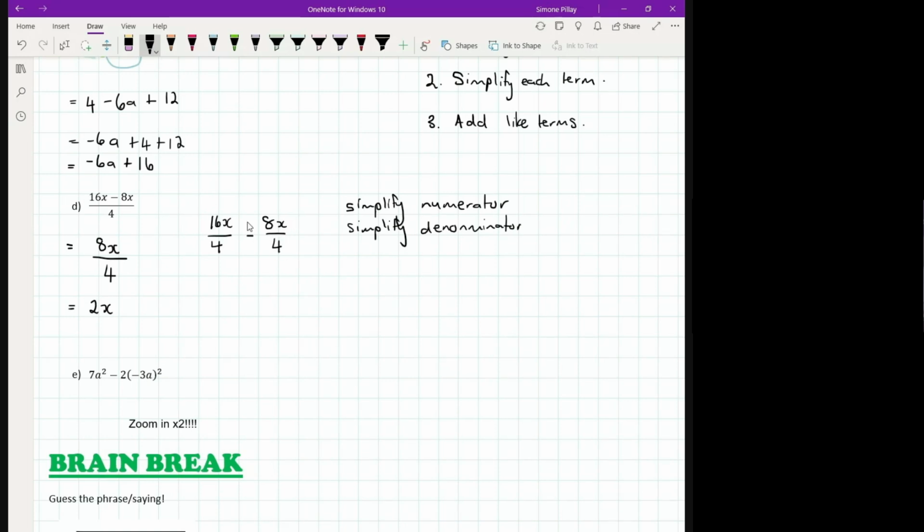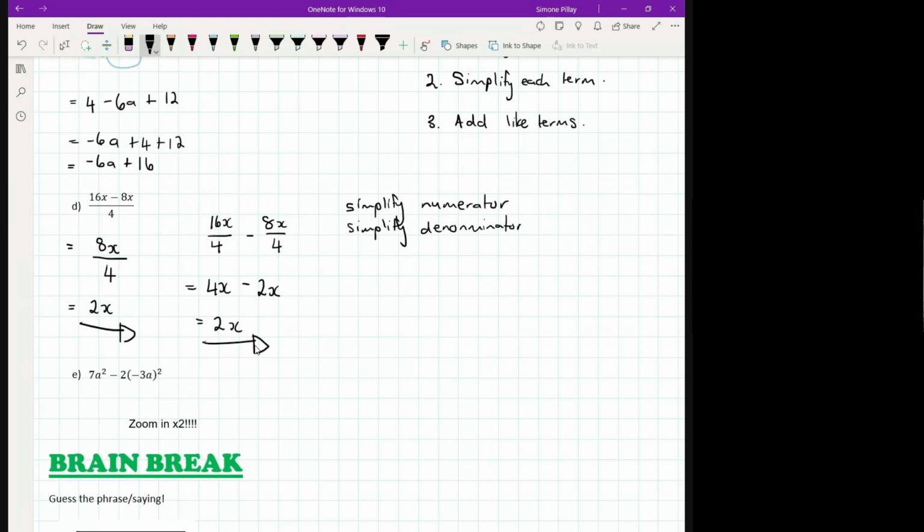Then you can simplify each fraction now. 16x divided by 4 is going to be 4x, minus 8x divided by 4 is going to be 2x. 4x minus 2x is going to give me 2x. So two different methods. You should know and understand both methods, but obviously the method you're going to use in a test will be the method that you understand the best.